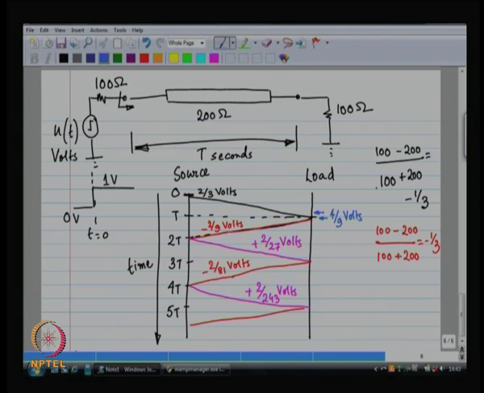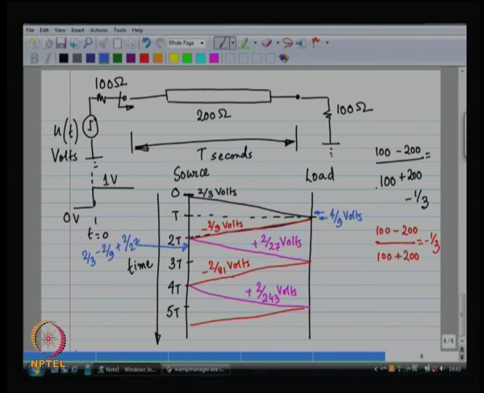Okay. Now, similarly on the source side, I had 2 by 3 volts at time t equal to 0. At time t equal to 2t, I would have 2 by 3 minus 2 by 9 plus 2 by 27, whatever that value is.